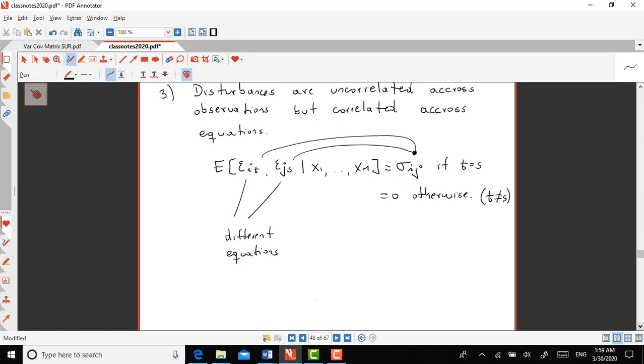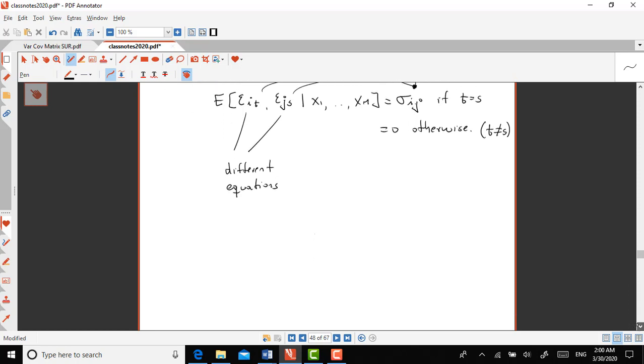However, and that is consistent with the structure of cross-sectional data, we don't have correlation across individuals within the same equation, or between different individuals across the different equations. So that is the key assumption of SUR.